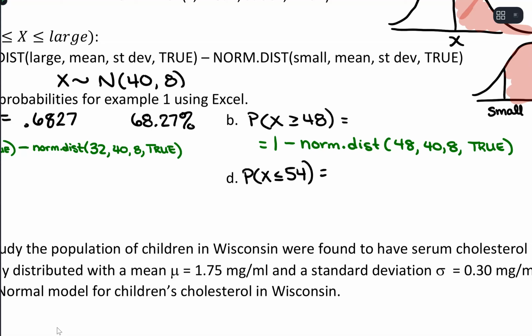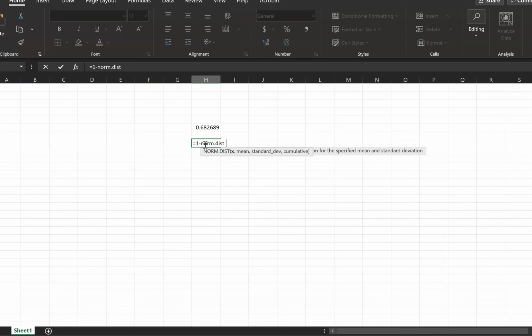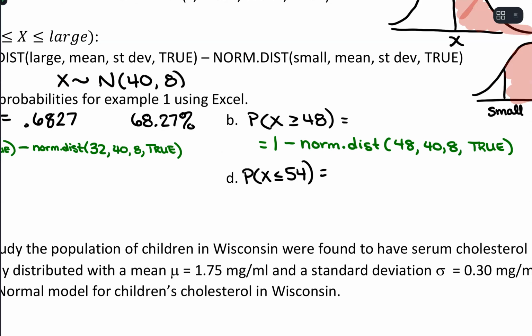All right, so in Excel, equals 1 minus norm.dist 48, 40, 8, true. And there's our 0.1587. So 15.87% chance.